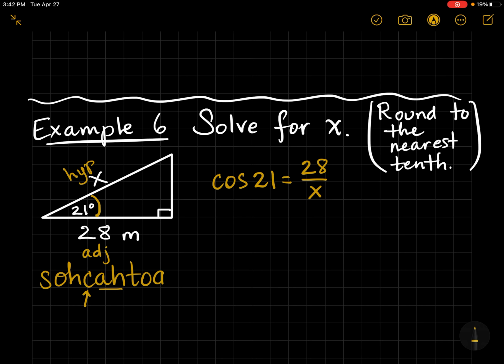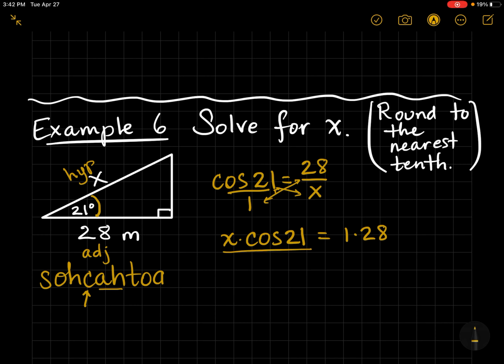Whenever the variable that you're looking for is in the denominator, think of the proportion, multiply these two together. I always like my variable in front. And that'll equal 1 times 28.